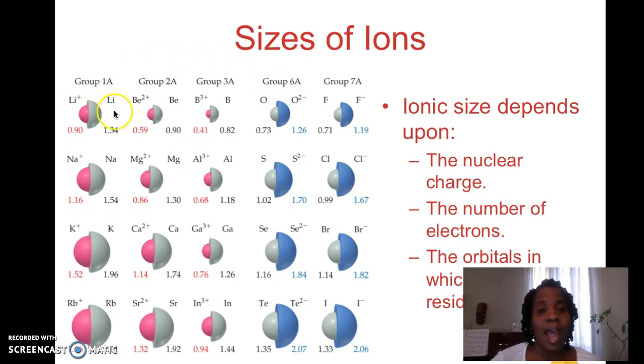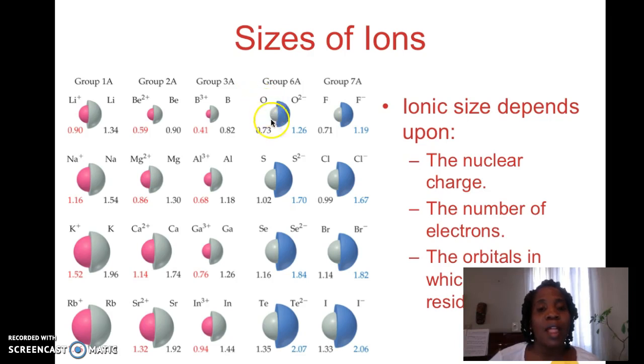Cations have lost electrons and therefore decreased the number of occupied energy levels, and that causes the size of the ion to be smaller than the size of the original atom. What about for anions?